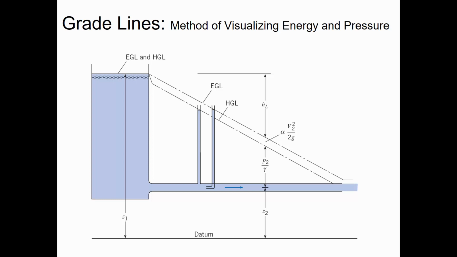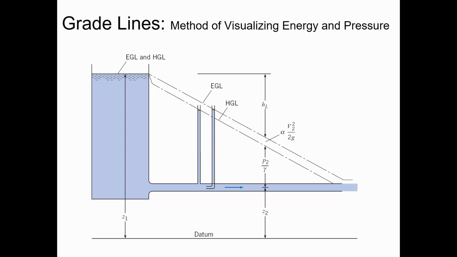All three of the terms. The first two terms are potential energy. The third term is kinetic energy. So the energy grade line has all three. The hydraulic grade line, HGL, is just the first two terms. It's just the pressure head and the elevation head. It excludes the velocity head.